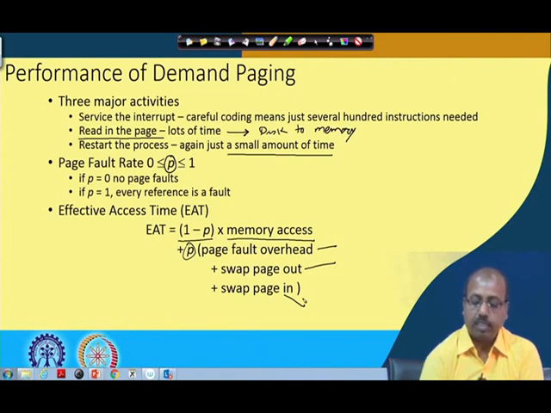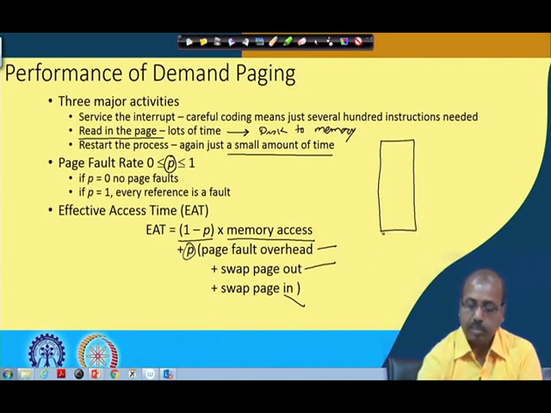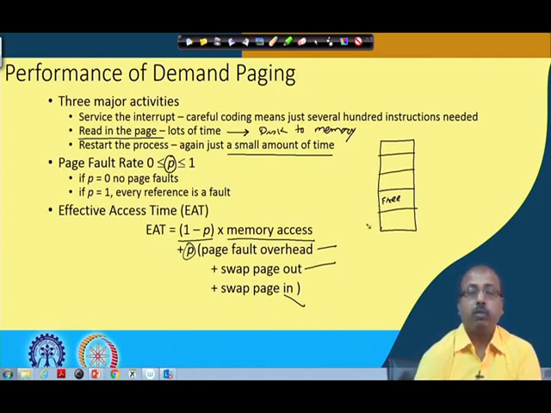So, there are three cases. In the previous discussion, we said that there are memory frames, and when a page fault has occurred, we assumed that some frame is free. But in reality, while looking for a free frame, we may find that no frame is free, all the frames are occupied by some valid pages.